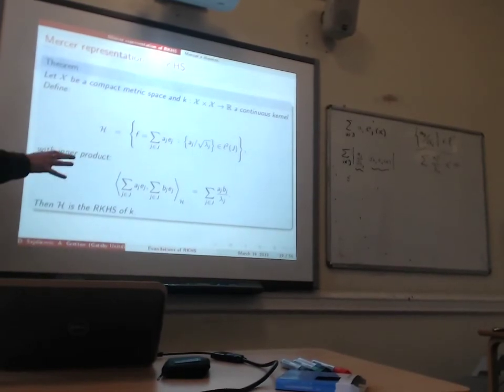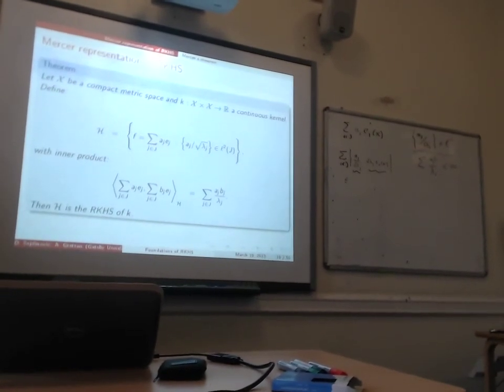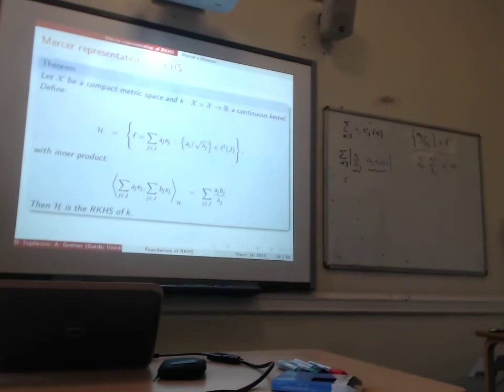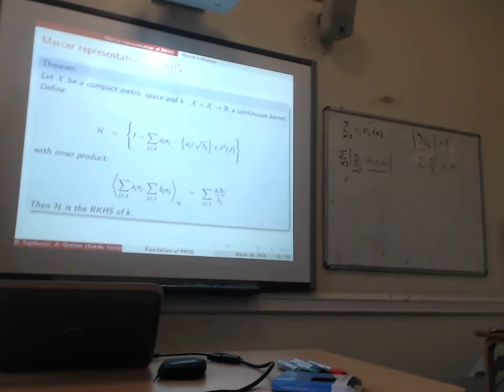So this theorem exactly tells us what the RKHS functions of K are. They are all functions that can be written in this form, such that these coefficients decay in the right way. And notice one thing. We've now shown that this is the RKHS of the kernel. This depends obviously on the underlying measure, right? When we've defined this space, the lambda_j's and e_j's are eigenvalues and eigenfunctions of an integral operator with respect to some measure.